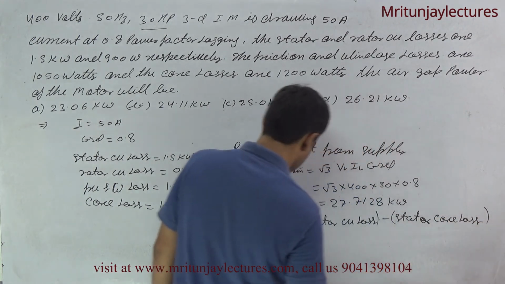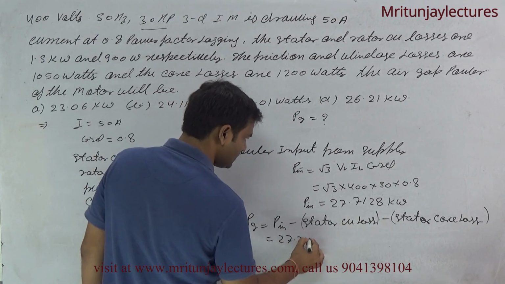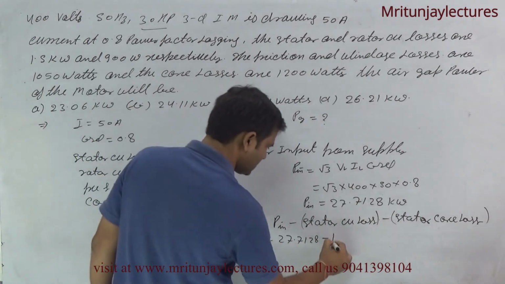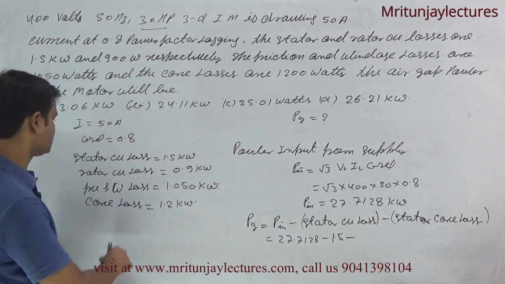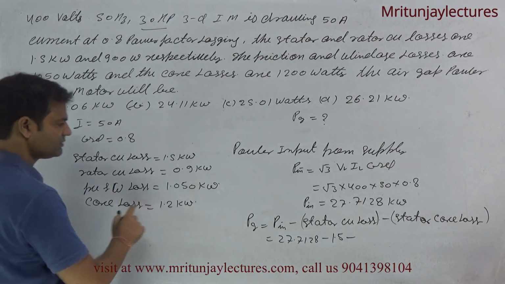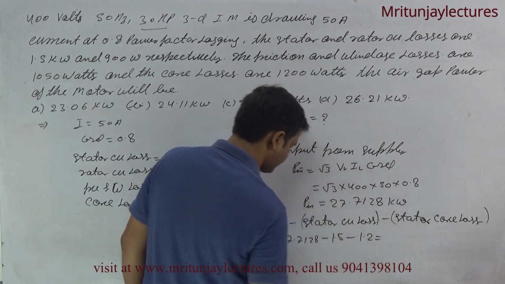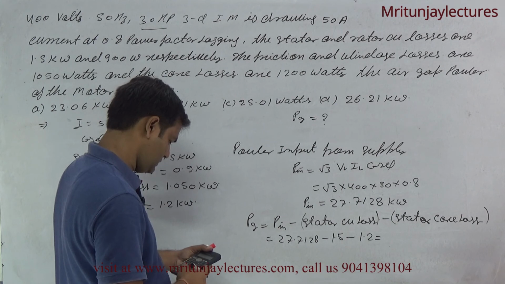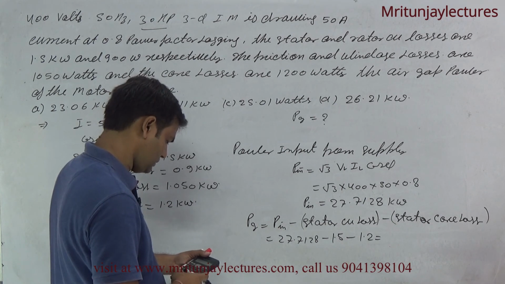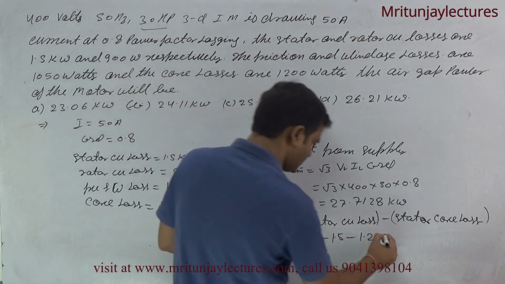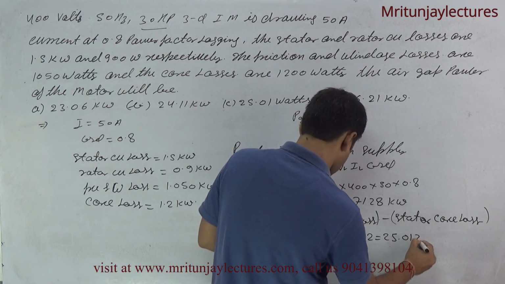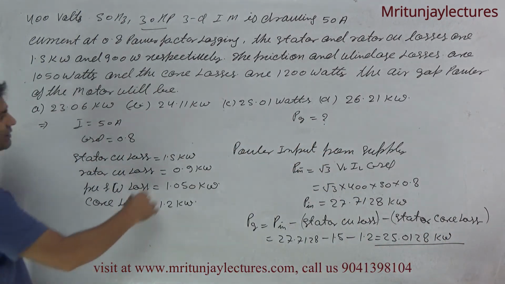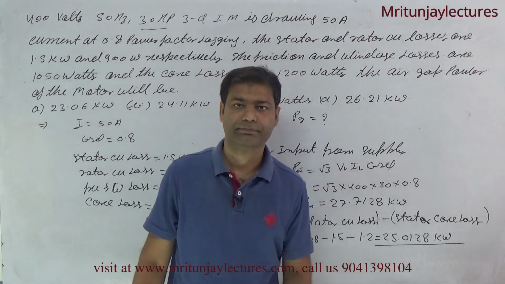So 27.7128 minus the stator copper loss, 1.5, and the stator core loss, 1.2. Finally we got 25.0128 kilowatt. Which one is the correct option? C is the correct option. Make it.